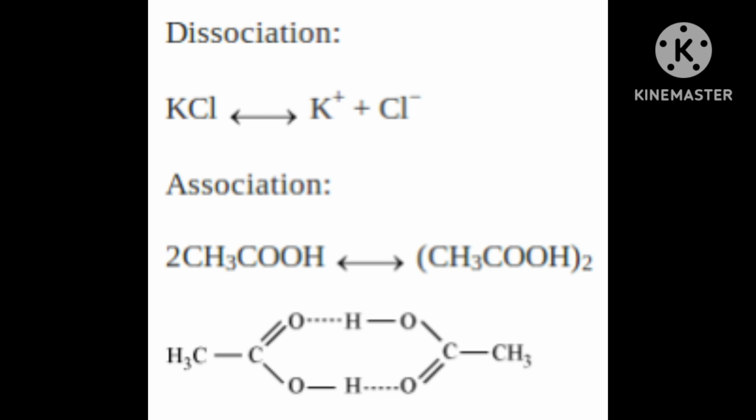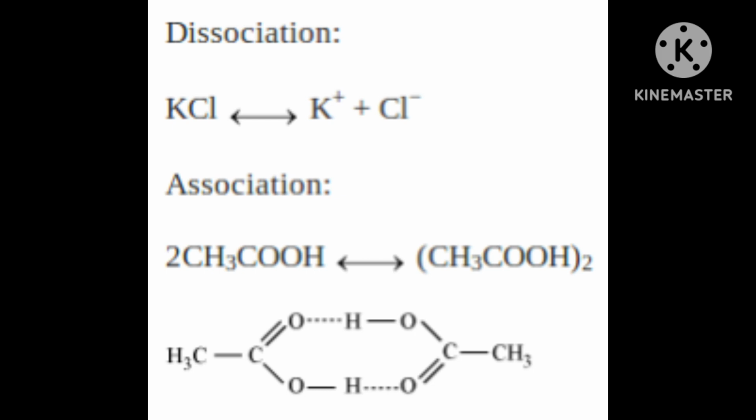Delta TB or delta TF for ethanoic acid will be half of the normal value. Why half? Because now 2 particles are becoming 1 particle.